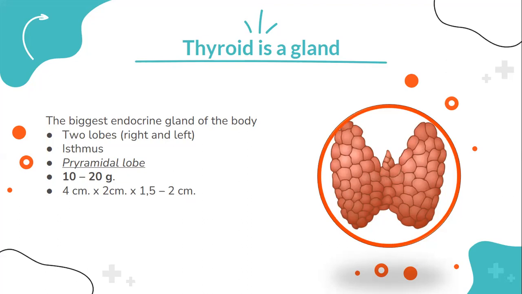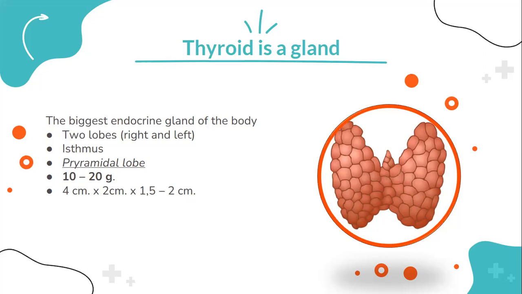So, for example, when our patient has this diagnosis, which is hypothyroidism, right? It would have a lower weight than expected, for sex, for age, and some other variables that we're going to talk about later on.